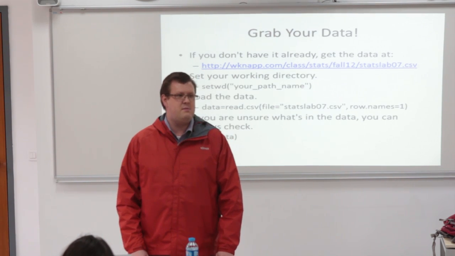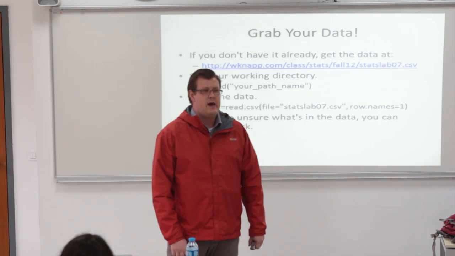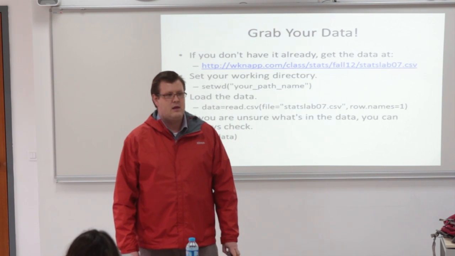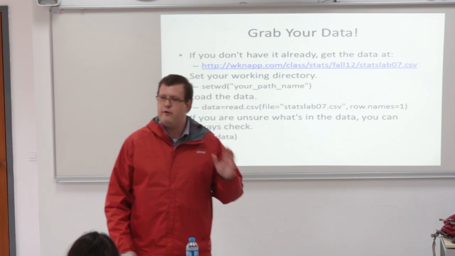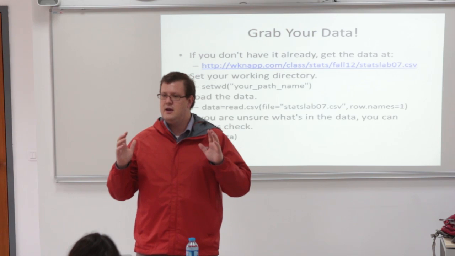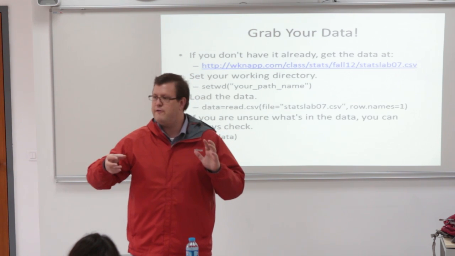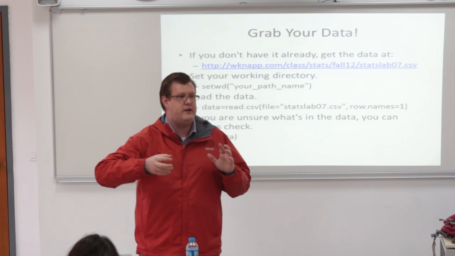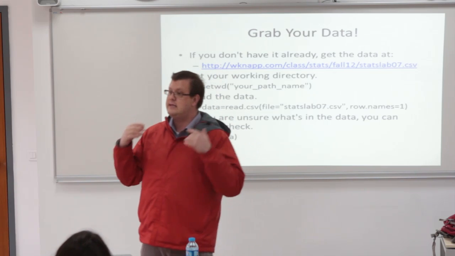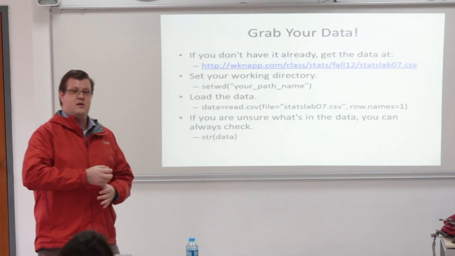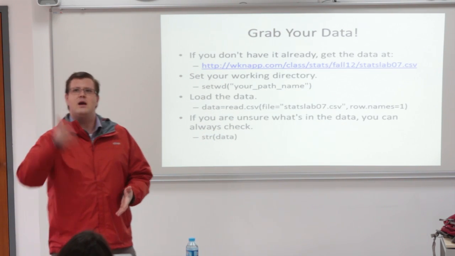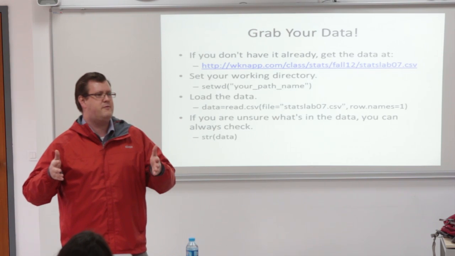So some of you may have noticed that I changed the way that I had the data. Before, when we were doing t-tests, I had one row for one sample and another row for a different sample. Then recently I've had one column for one sample and another column for another sample.